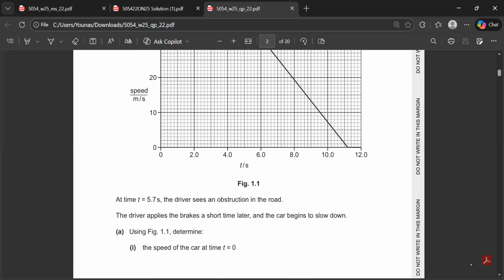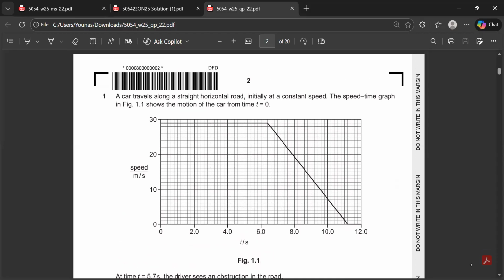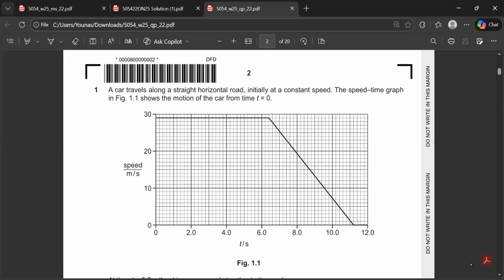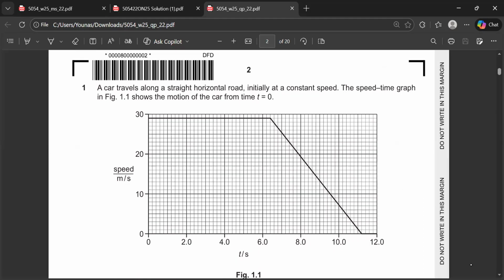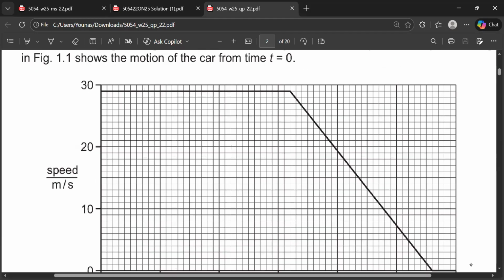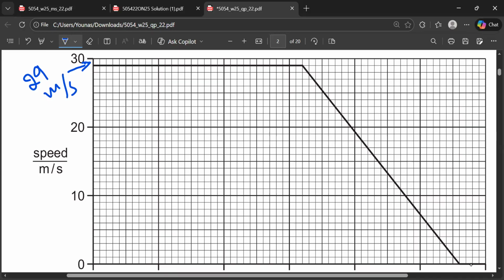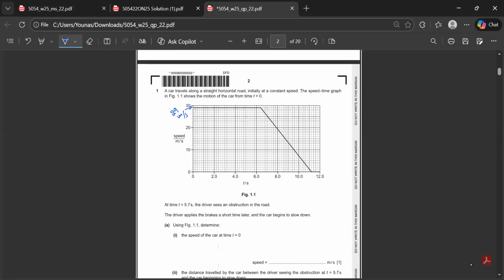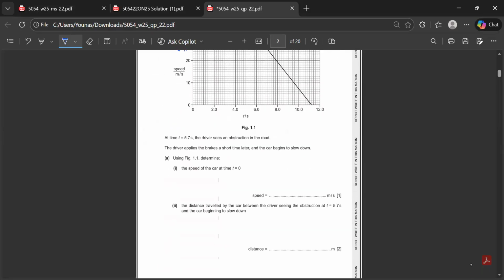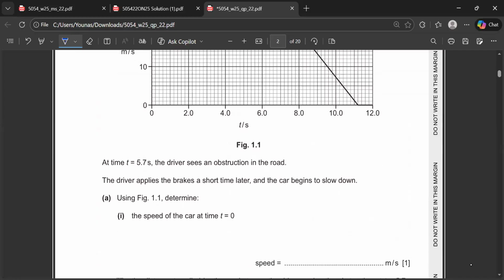So when the time is 0, what is the speed? We can look here. When the time is 0, this speed is basically 29 meters per second.